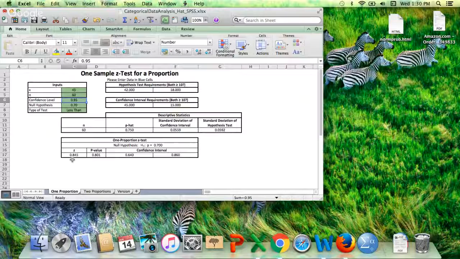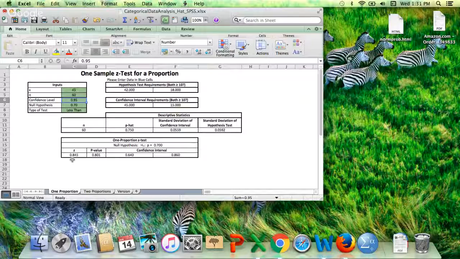Okay, so what if we put 0.7 instead of 0.75? 0.7 and then 1 minus 0.7 over N. N is 60, right? Yep. Times our z-score, which is 0.845, right? Yep. But we do the square root. Did we forget to do the square root before?